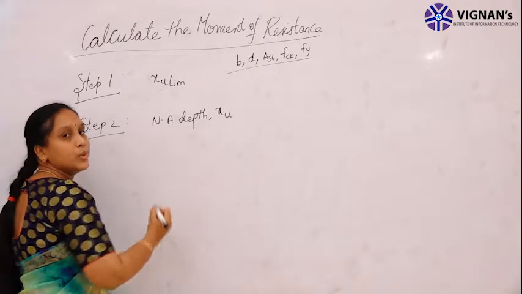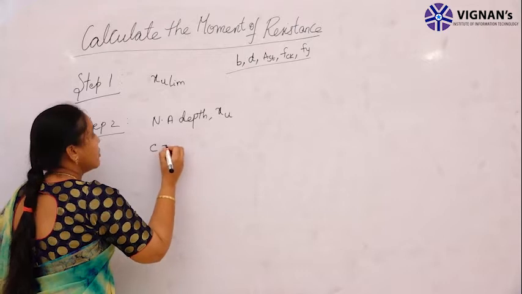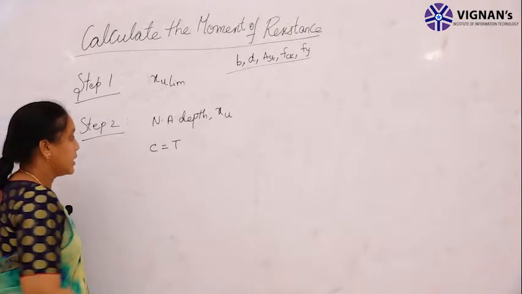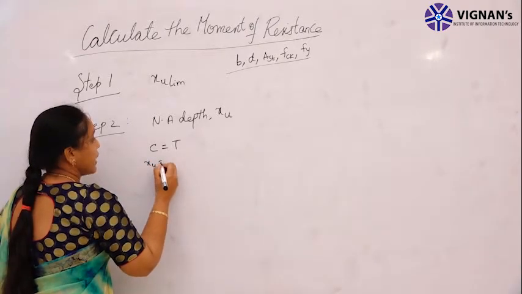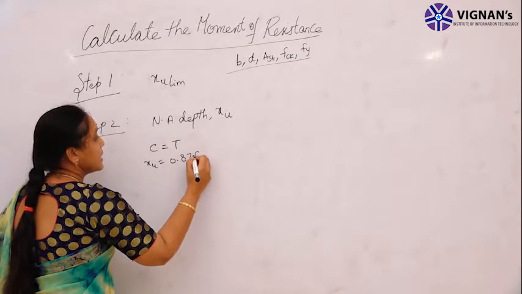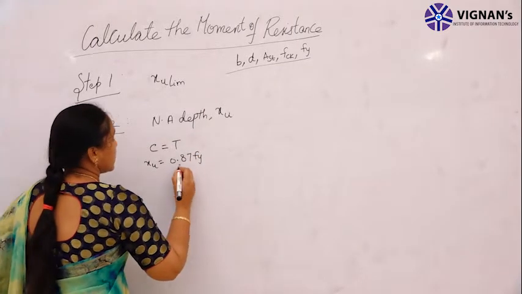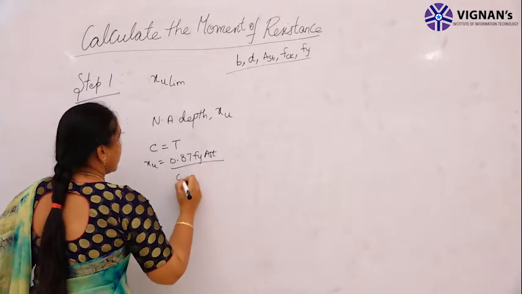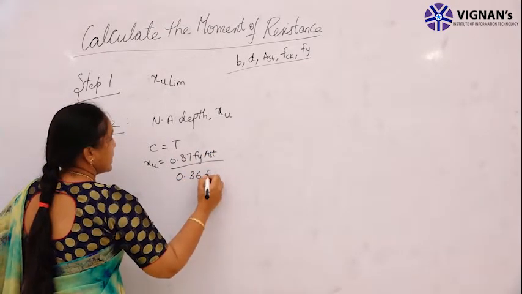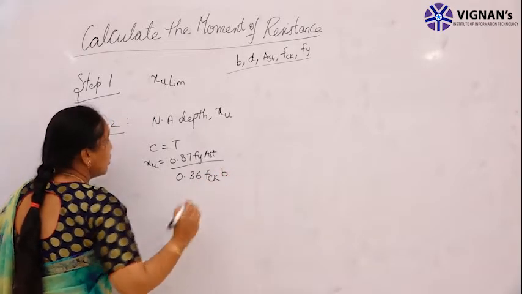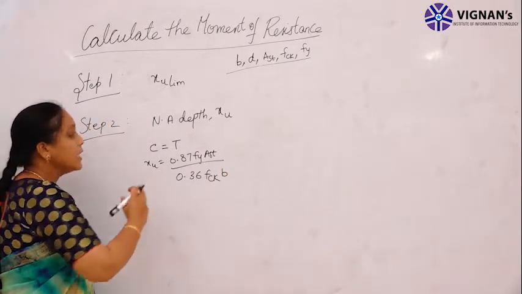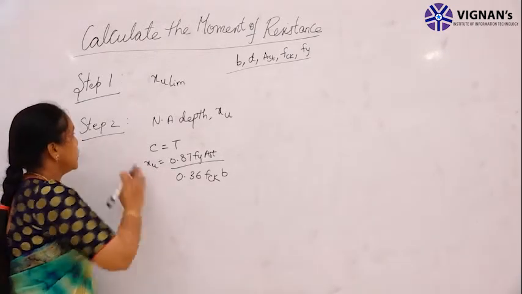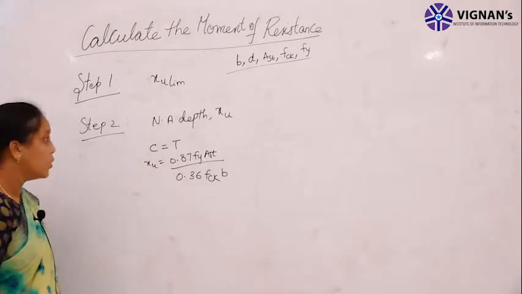You have to equate the forces of compression to the forces of tension, from which you will get the value of XU as 0.87 Fy into AST by 0.36 FCK into B. From this equation you can find out the value of the neutral axis. So, this is the second step.